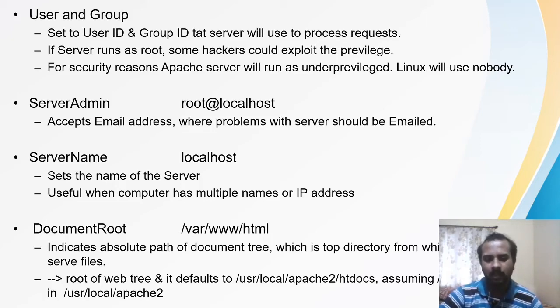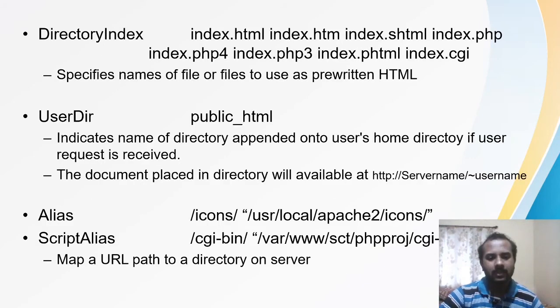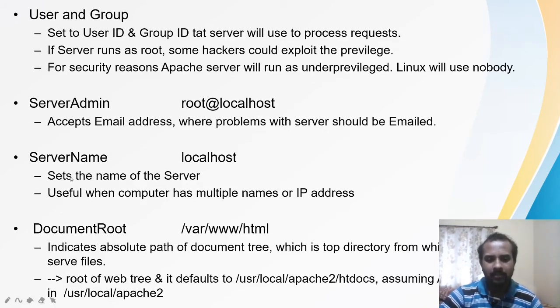If you remember properly, in the installation part, we installed in /usr/local/apache2. So if you have installed in this particular location, then you are going to have /htdocs. If you have installed in some other place, then that path plus /htdocs.